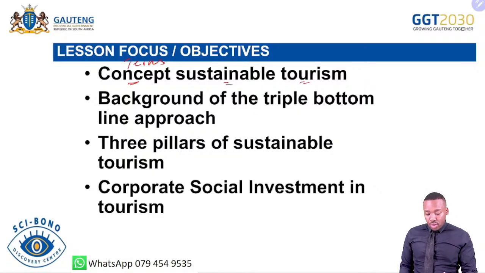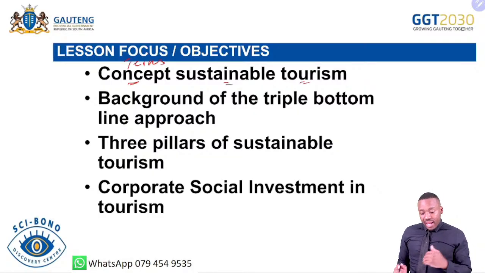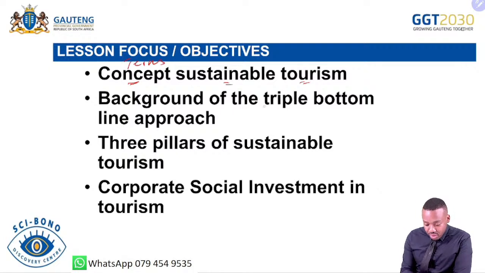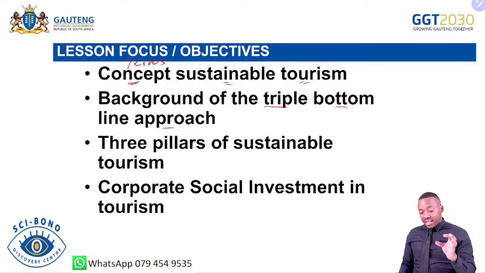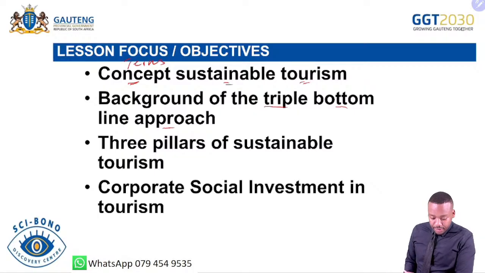After sustainable tourism, we are going to learn a bit about the triple bottom line approach. What do we mean by the triple bottom line approach? In grade 10, we spoke about the 3 P's of sustainable tourism. Now we are talking about the triple bottom line. Obviously, triple comes from the 3 P's.